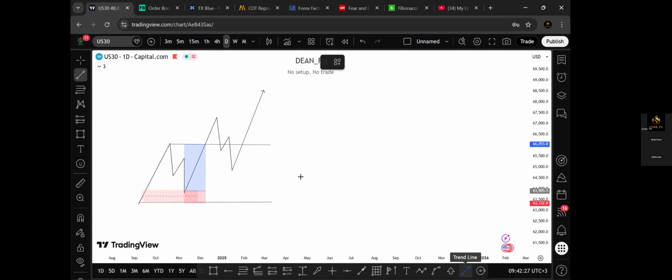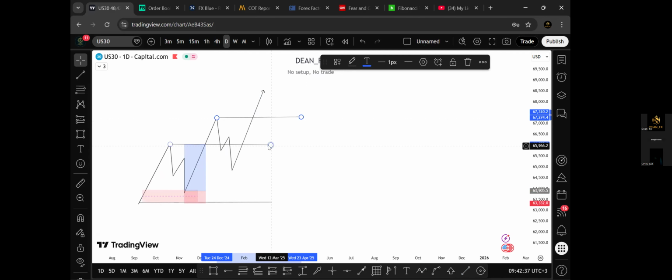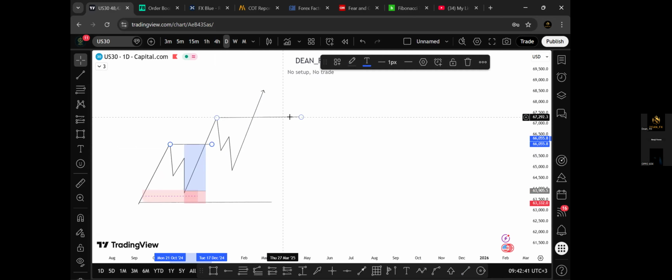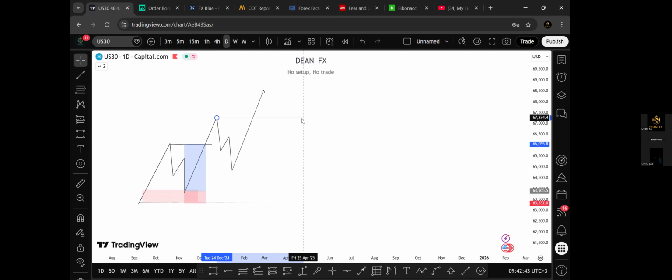And in the same way, let's say this is an impulsive move. You see this is the previous high, and this is the previous low.